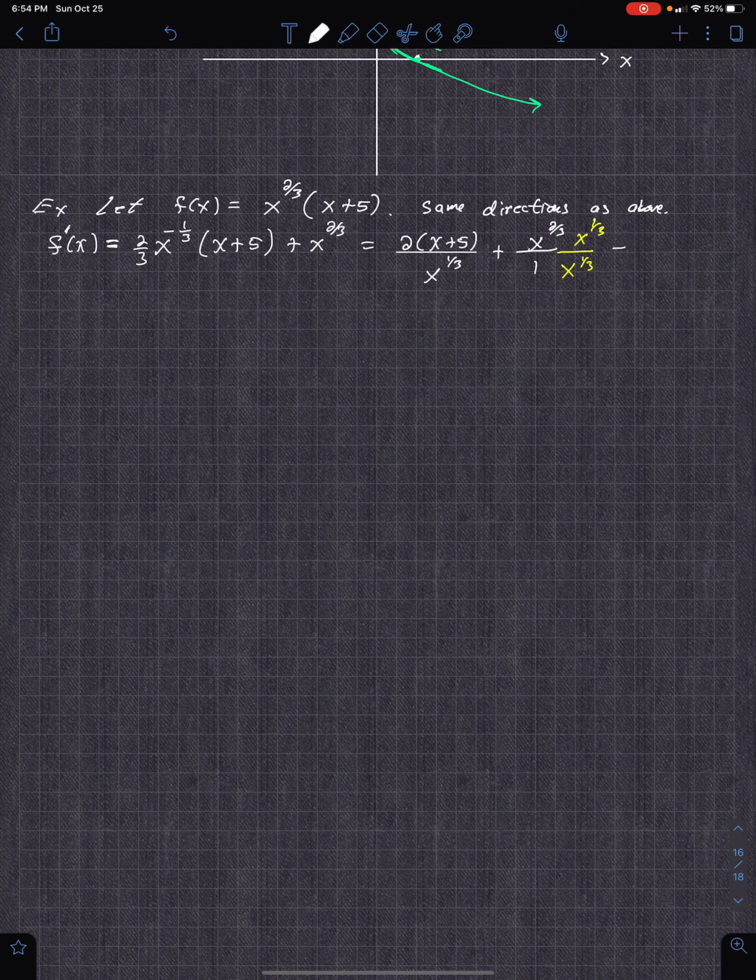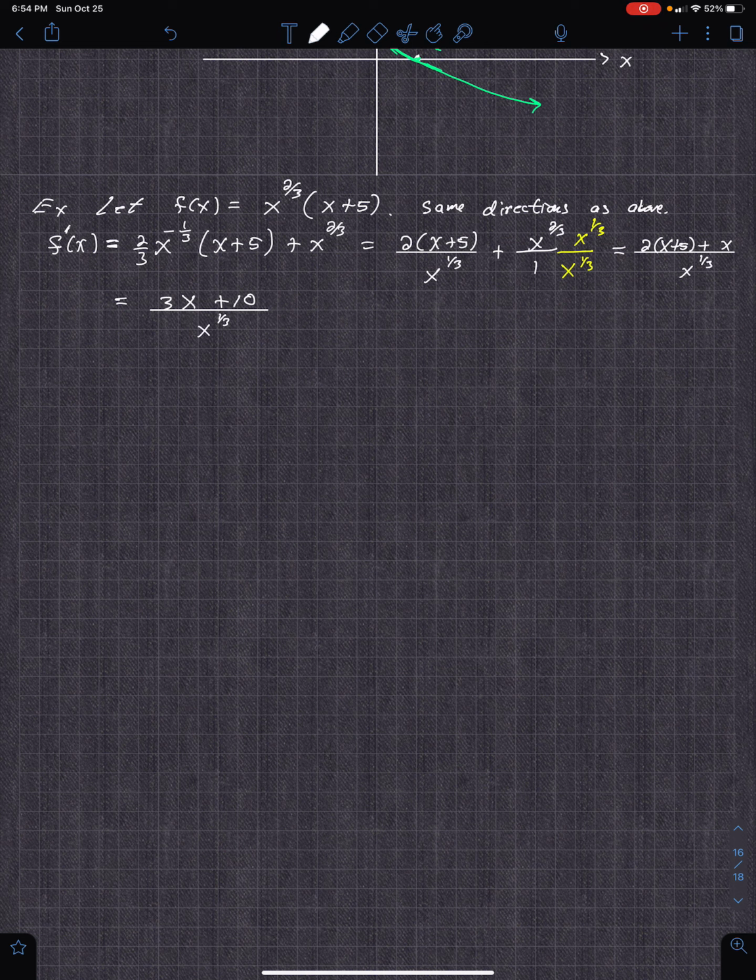So you get 2x plus 5 plus just x over x to the 1/3. And then we've got to simplify that a little bit further. So we get 3x plus 10 over x to the 1/3.